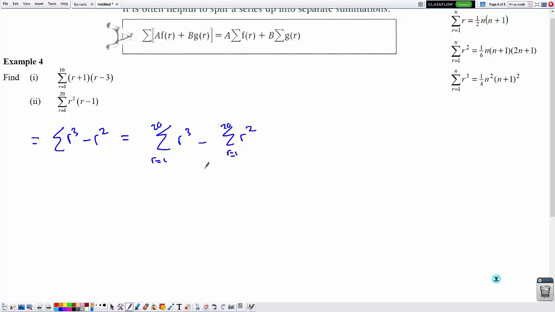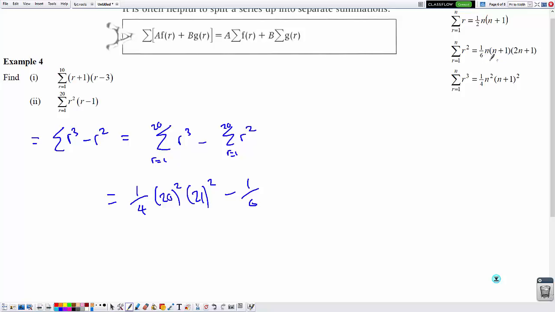And now we just use our formulas. That's it. So this is a quarter n squared, here n is 20, so a quarter, lots of 20 squared. And if you look at the formula, n plus 1 squared, so 20 plus 1, so it's 21 squared, minus a 6.